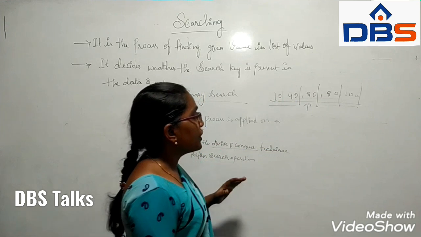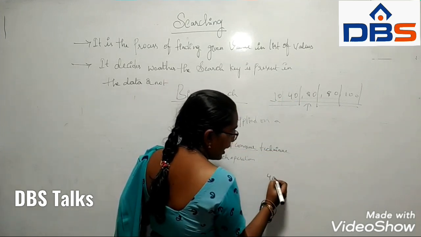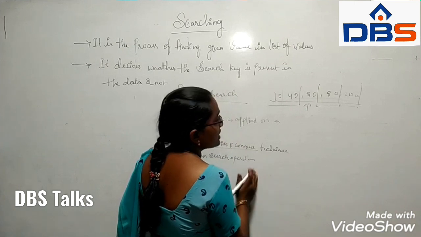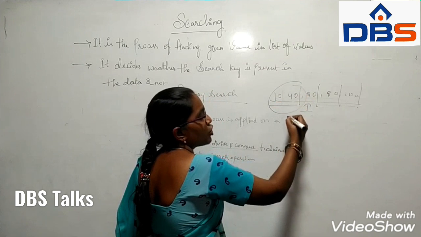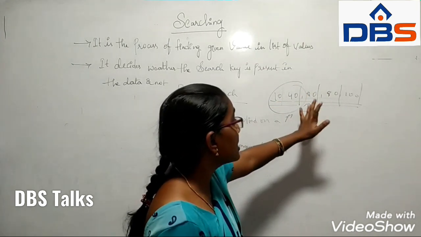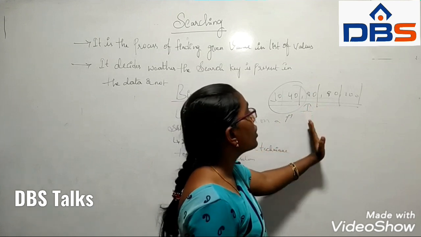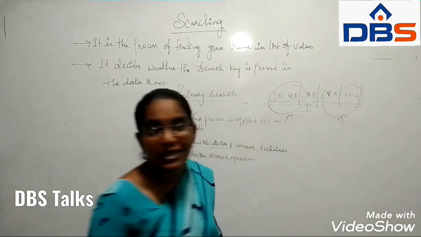After that, if the element that we are going to search is less than this element, we can perform the search operation on this side. If the element we are going to search is greater than this middle element, we are going to perform on this side. Here the time complexity reduces.